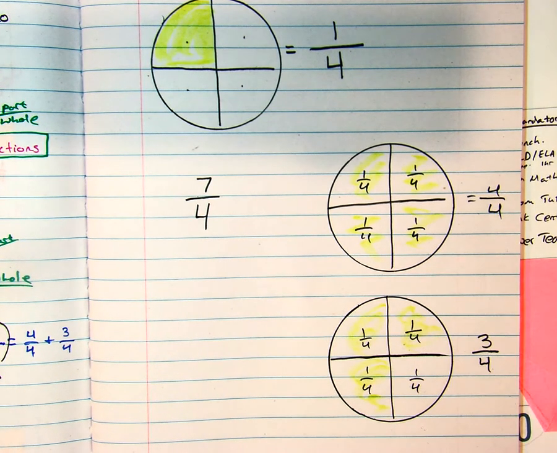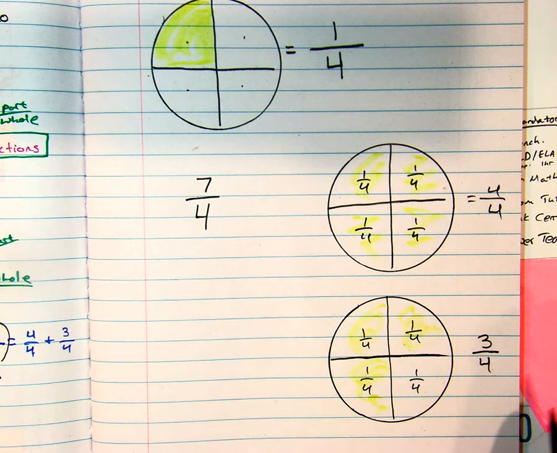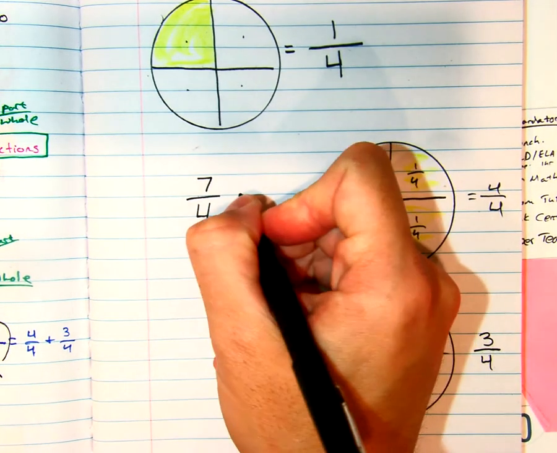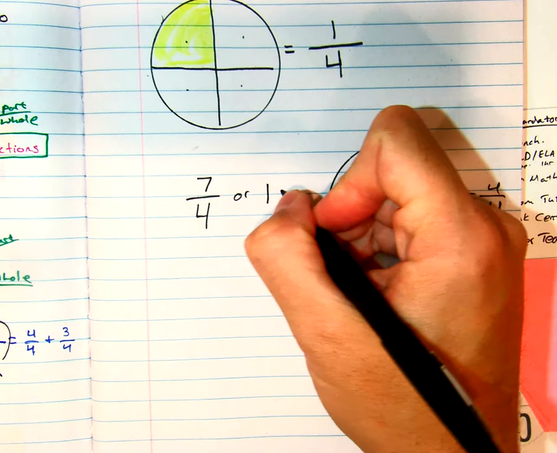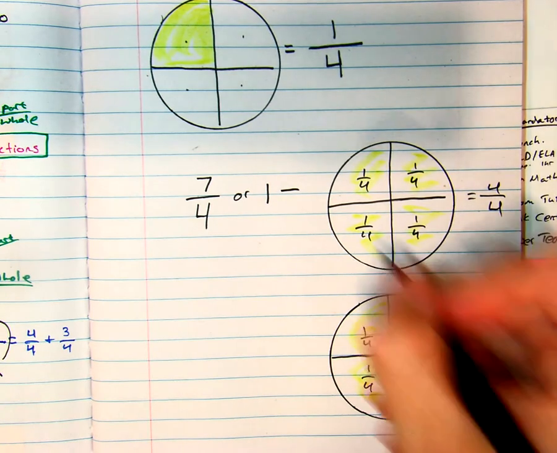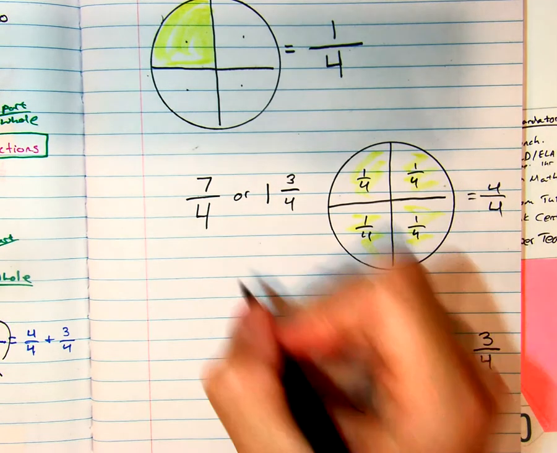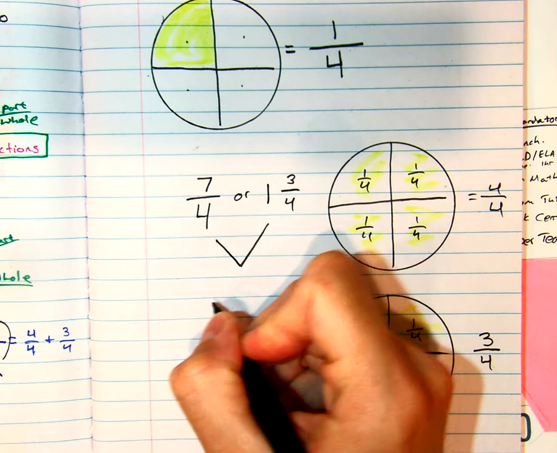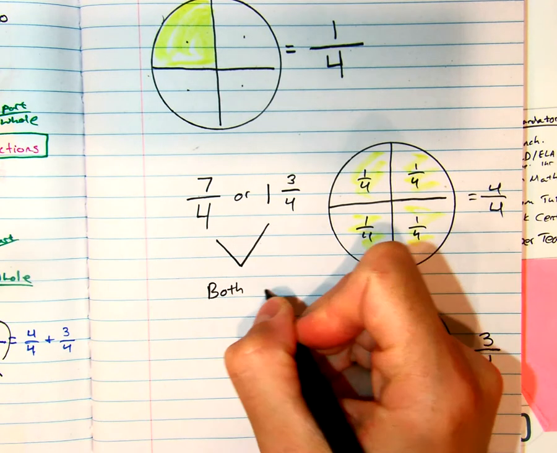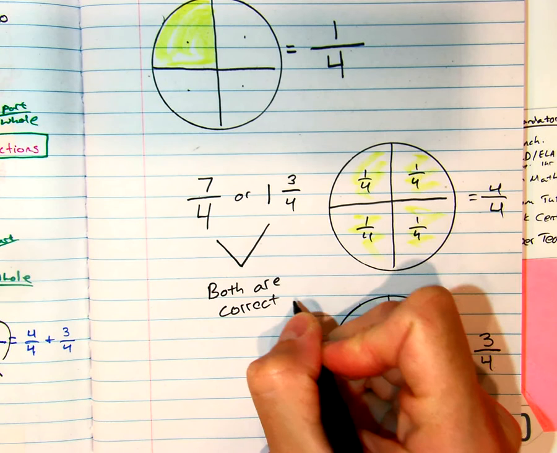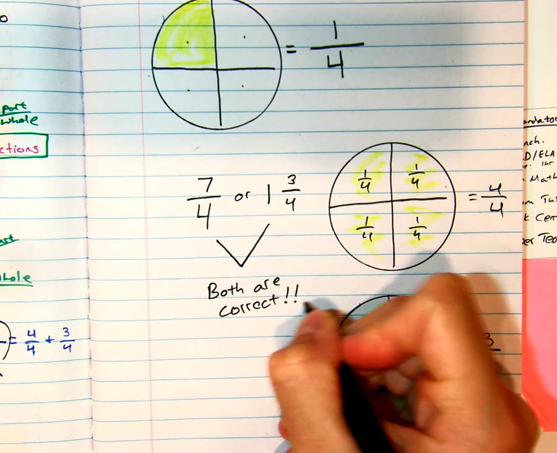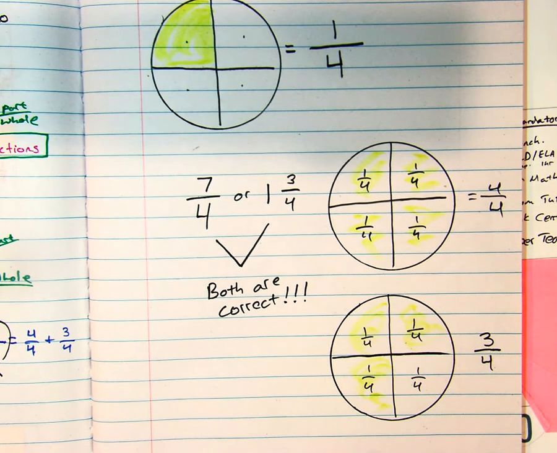So here's our visual representation. It's 7/4 or 1 whole and 1, 2, 3 fourths. Both are correct. I'm very excited about this. You can tell by the exclamation points.